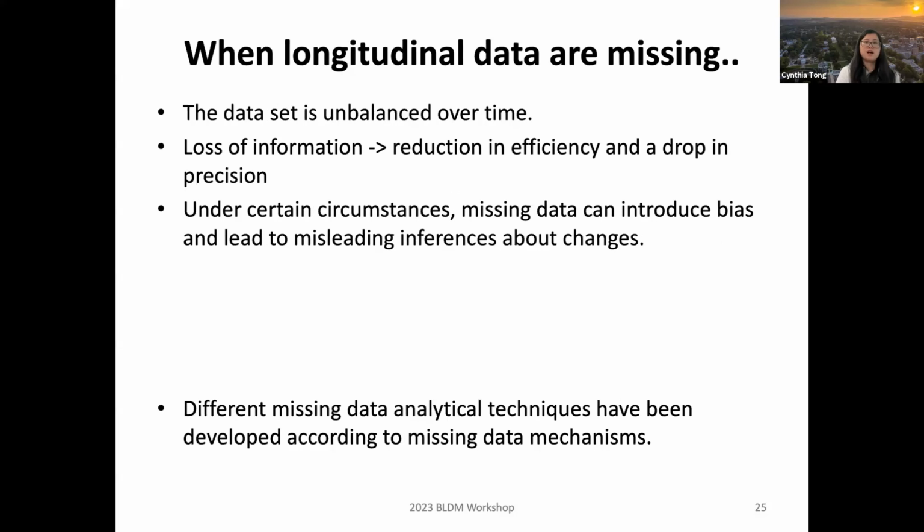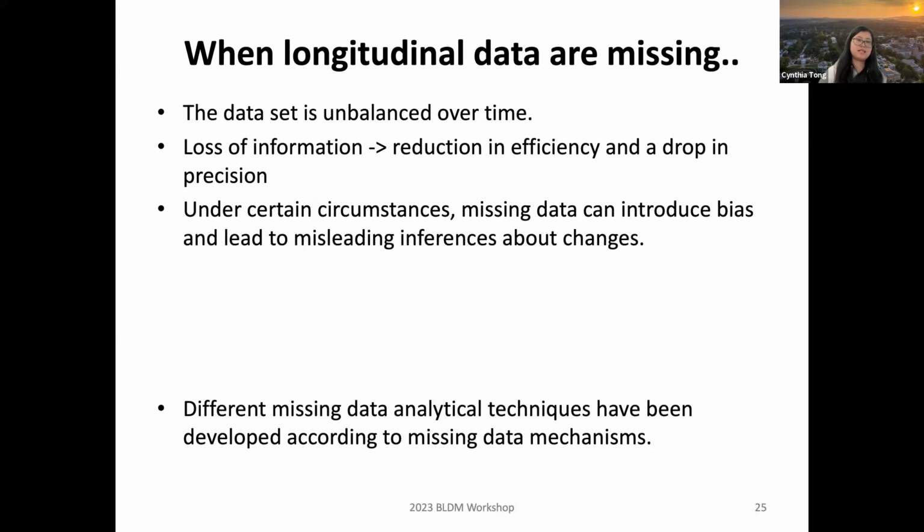When longitudinal data are missing, the data set is unbalanced over time. It means loss of information, which is a reduction in efficiency and a drop in precision. And under certain circumstances, missing data can introduce bias and lead to misleading inferences about changes.